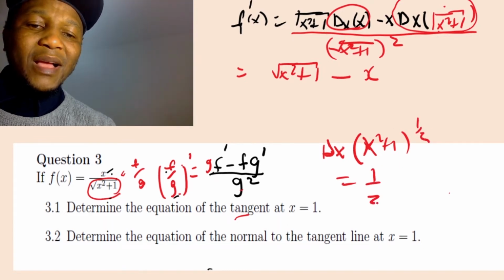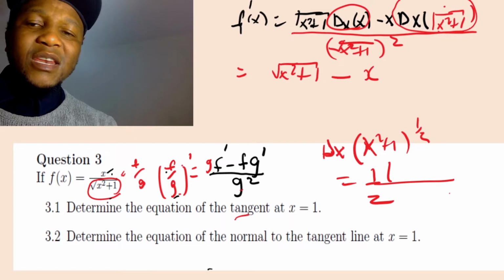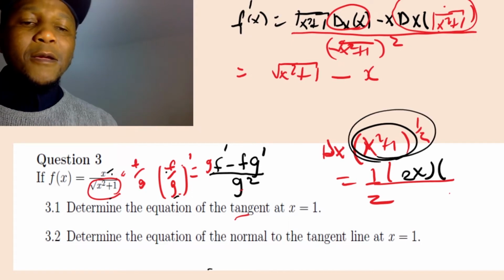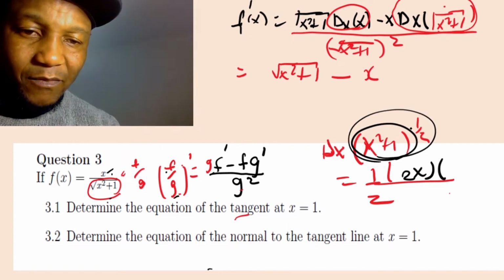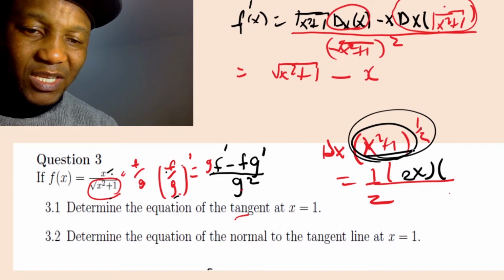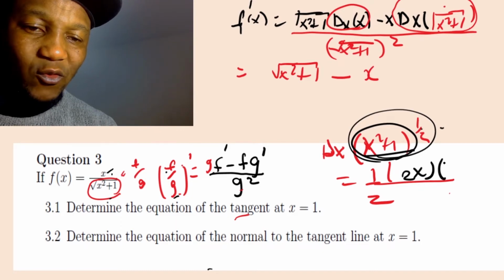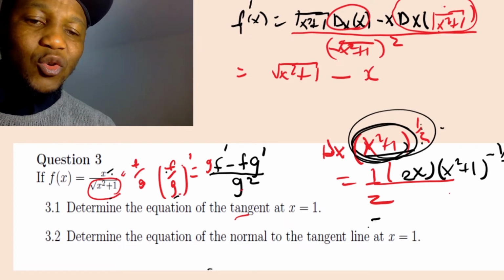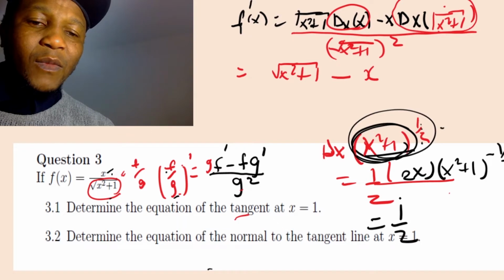The half goes to the front, and then we differentiate what is inside the bracket, which gives us 2x. Then we minus 1 from the power, so x squared plus 1 to the power half minus 1 equals negative a half, so let me say 1 over 2.